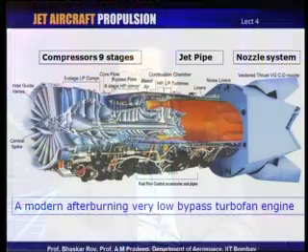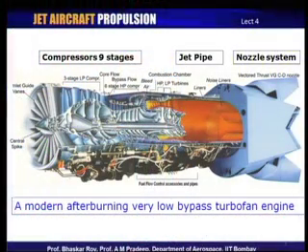Let us take a quick look at this diagram, in which a real jet engine has been captured in a cutout picture. Now, what you can see here is it has compressors of 9 stages, and of course, compression occurs in 2 steps.